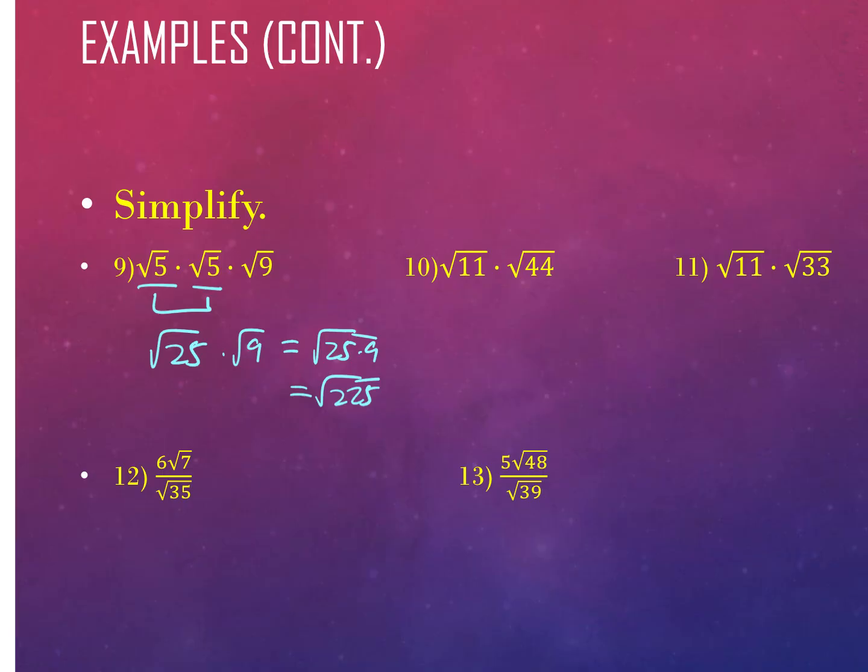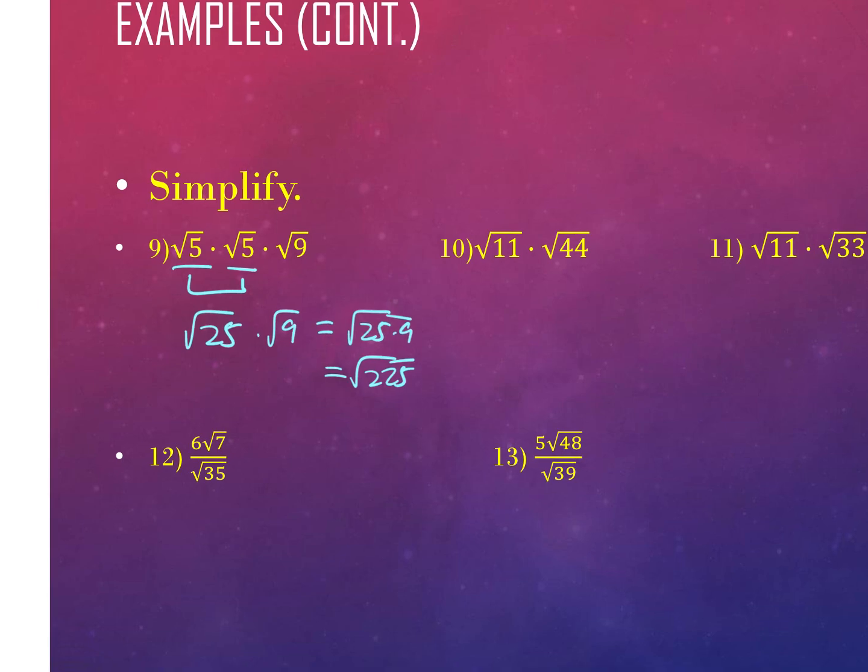It does get us a nice number, but maybe you wouldn't know that right off the bat, right? So what you can do instead is notice what happens. You can simplify square root of 25 and square root of 9 right away, and then see what happens when I get 5 times 3, right? That's much easier. That's going to get us 15. Now, the square root of 225 is indeed 15, so you will get the same answer, but notice that there's some things that you could do to make it a little bit easier.